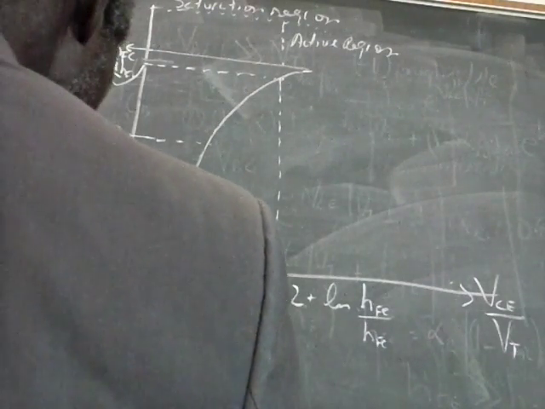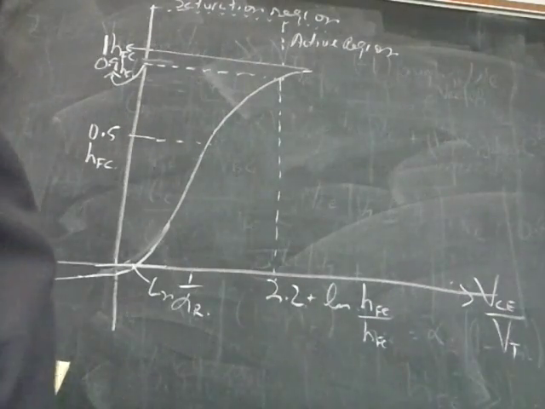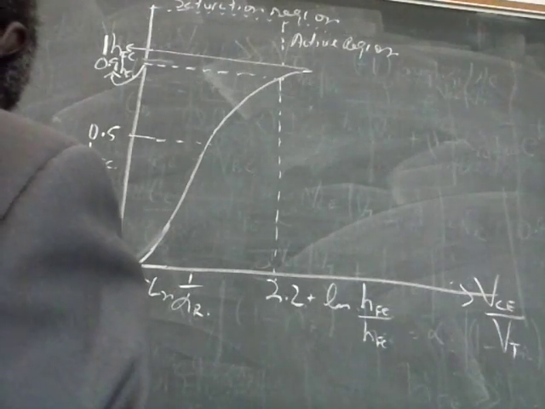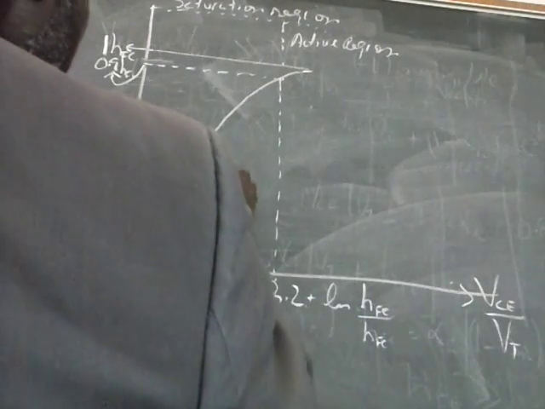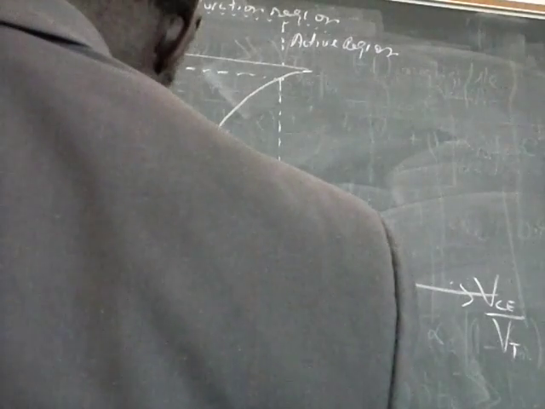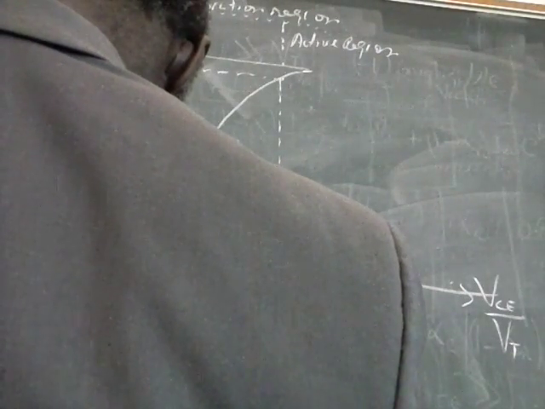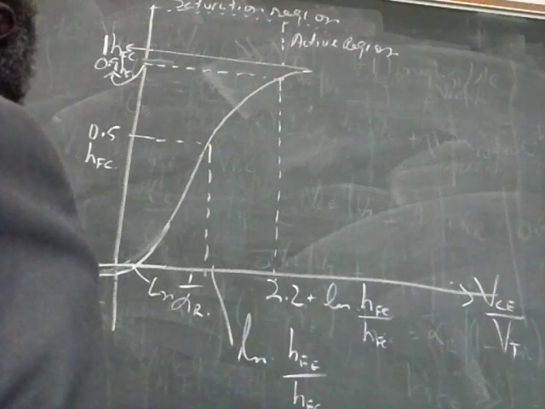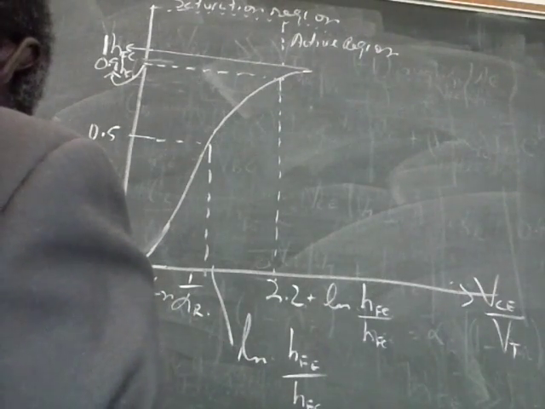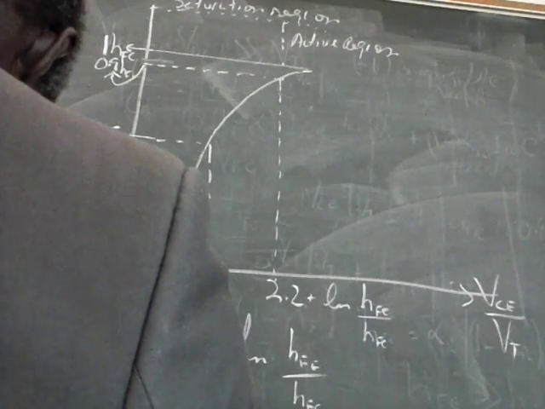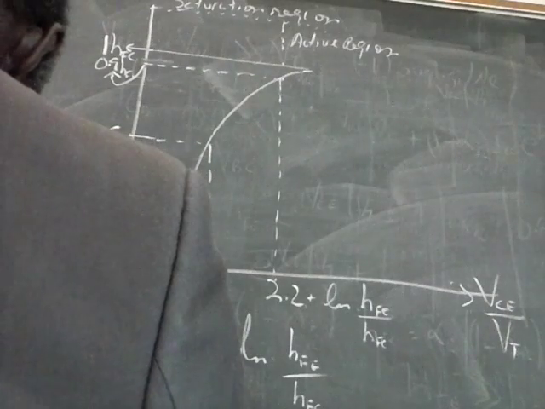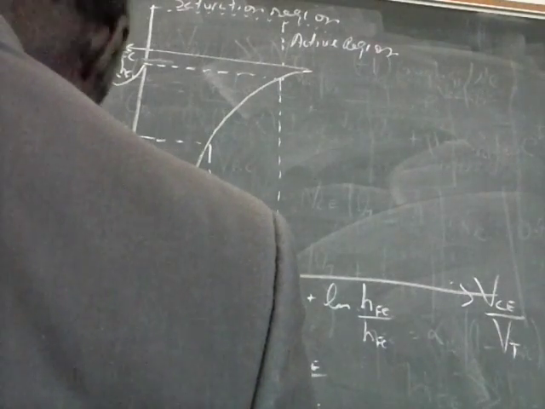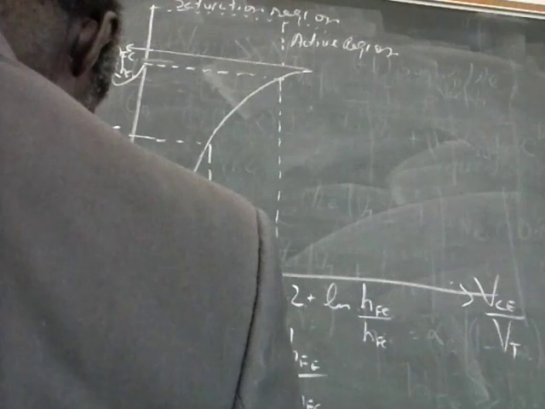Formula. 1.5 kilovolts. H of E. HFC, 1 plus rho.